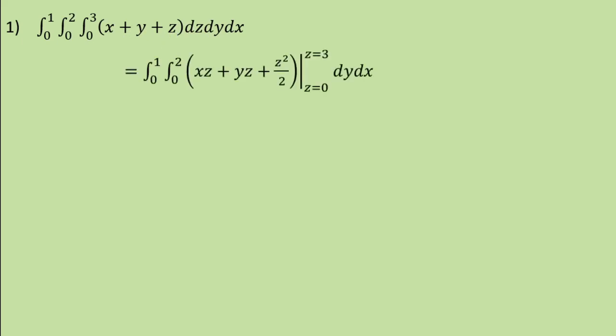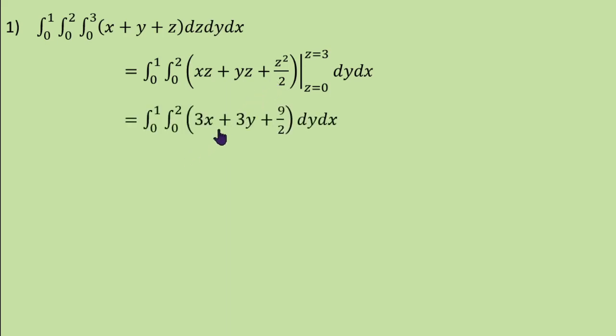Now apply the limit from 0 to 3. Upper limit of z is 3 and lower limit is 0. So, 3 minus 0 is 3 and hence it is 3x. Similarly, this is 3y and 3 square is 9 by 2.